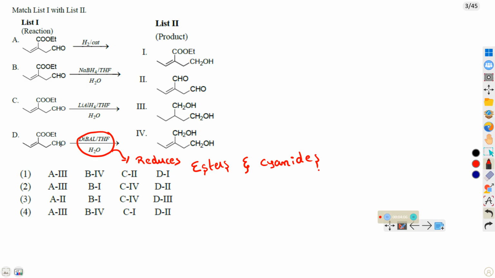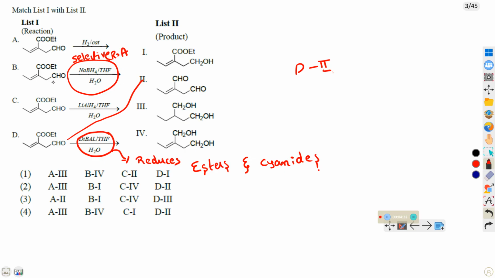Esters are converted to aldehyde. NaBH4 is a selective reducing agent.